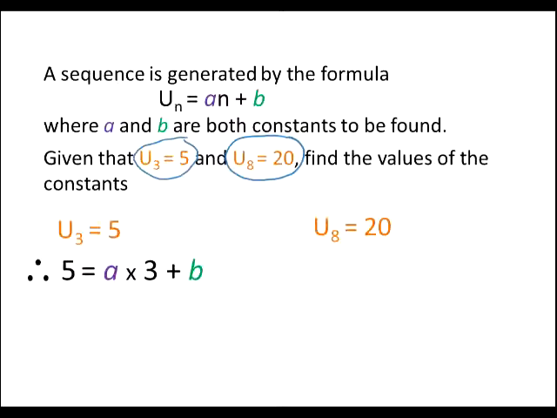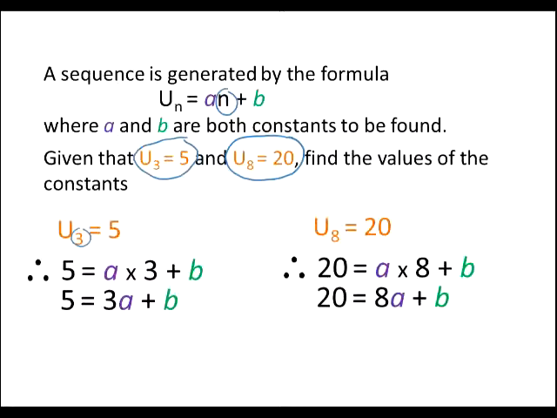So all we've done is put this 3 in for n. So we have 3a's plus b, that's going to be 3a plus b. So we know that the third term is 5. And we can do exactly the same with the 8th. If we put this 8 into the formula, we're going to have 20 equals 8a's plus b.